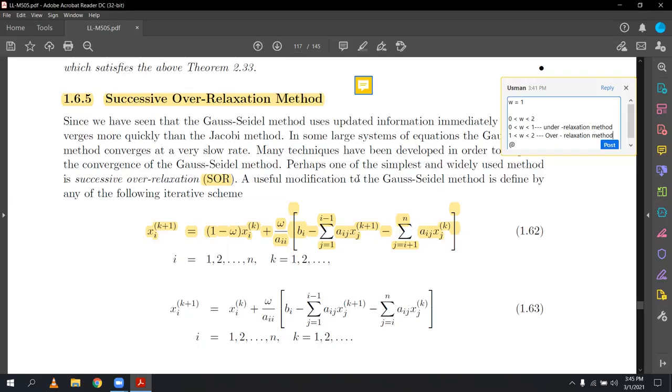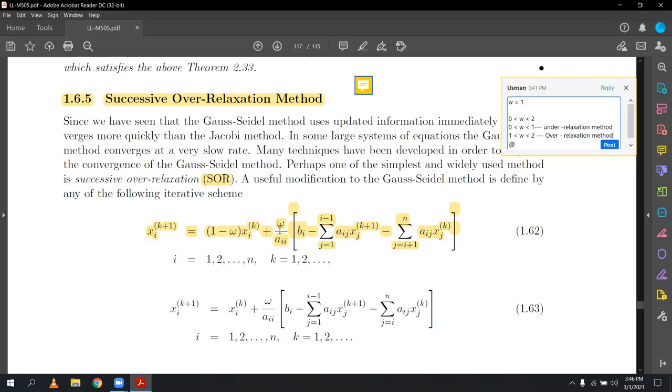Maybe, maybe not, but no guarantee. But one thing is guaranteed, if it converges slowly, it makes it faster. Now, in the case of the third iterative method, we make a small modification in the Gauss-Seidel method to make it faster.